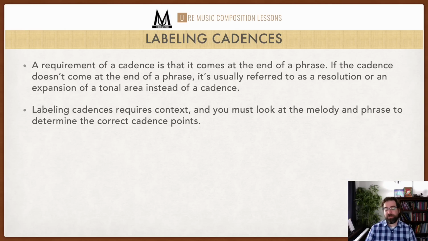But there's always going to be exceptions where you have to dig deeper and you have to look at the melody as well. You have to look at the motives. You have to look at what's going on in the piece as a whole to really determine how each phrase ends. So that's something you're going to learn to do as we continue through this course.